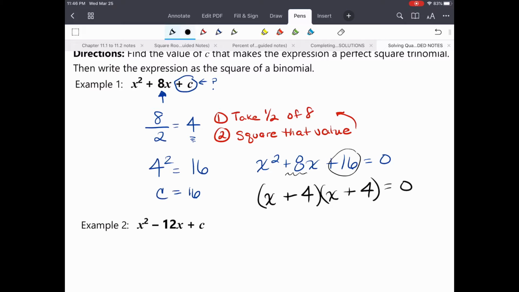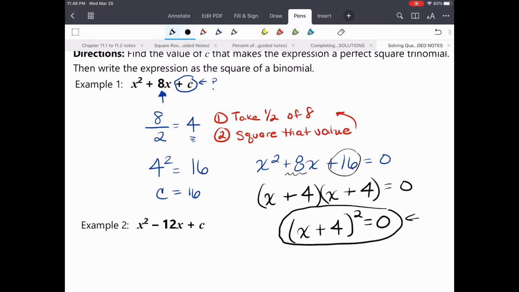You don't typically do that, but you want to write it like this, as a square of a binomial. So that's our goal right there. That's our objective. We wanted to get a PST that was factorable, so it looked like a square of a binomial. And that's what we got.